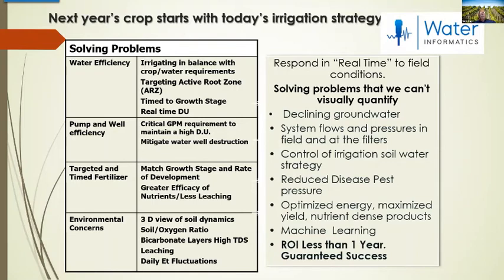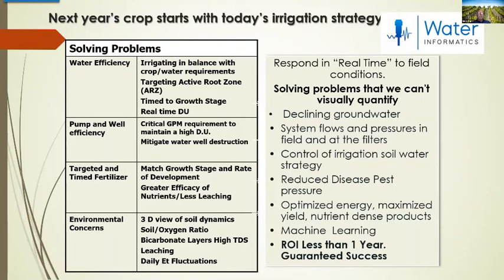So the idea of machine learning, people were really concerned 5-10 years ago when we first started doing soil moisture. We don't want to automate. Now we're seeing, due to labor and precision irrigation requirements, knowing that we have to run an irrigation set during the night, all those things are critical for us.